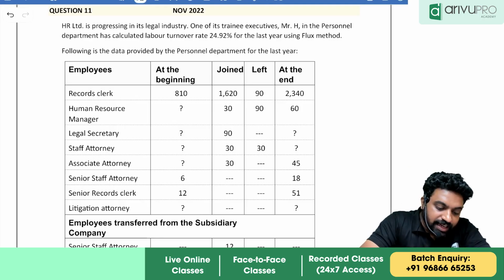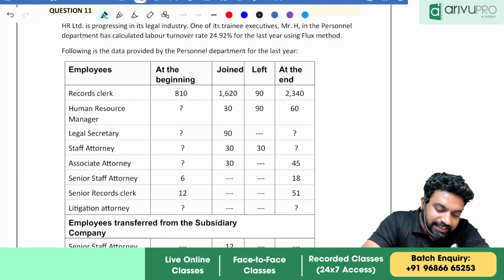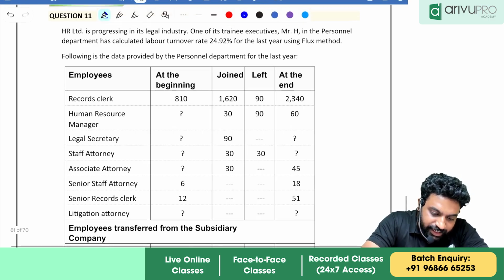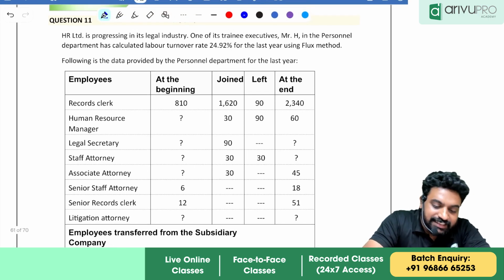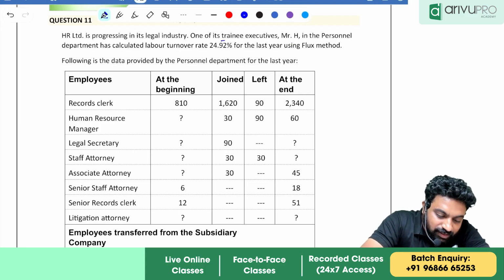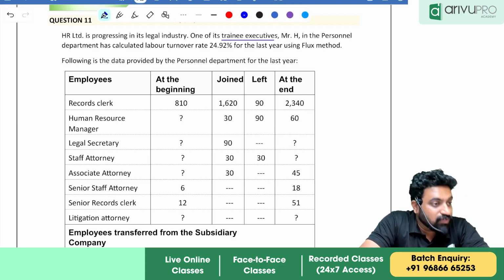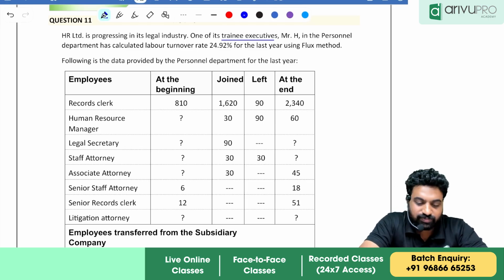See there, HR Limited is progressing in its legal industry. One of its trainees... moral of the story, will any calculation done by them be correct or wrong? Wrong. Interns.